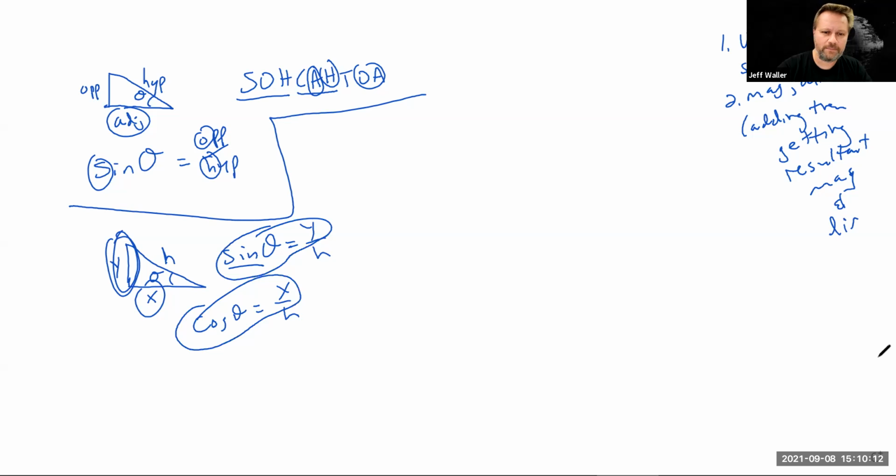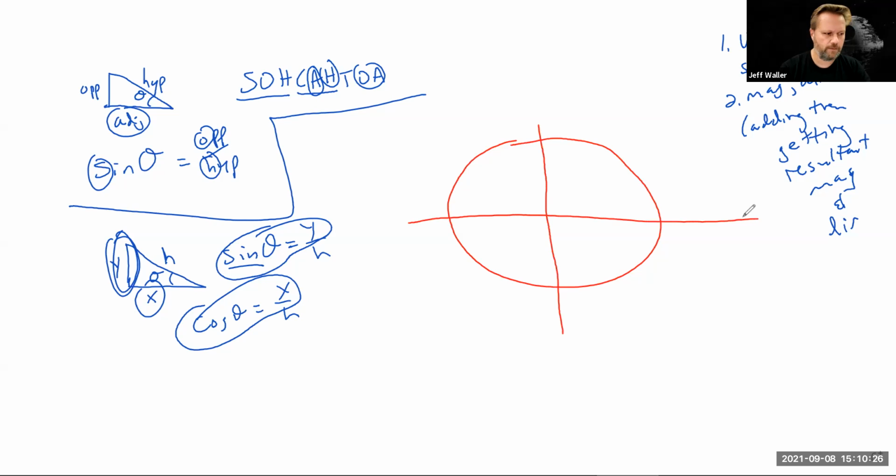All right, now let me make it make even better sense. Okay. So let me change colors here. Okay. So if I've got a nice unit circle, everybody pretend with me that that's a circle. At 0 degrees, what is sine?